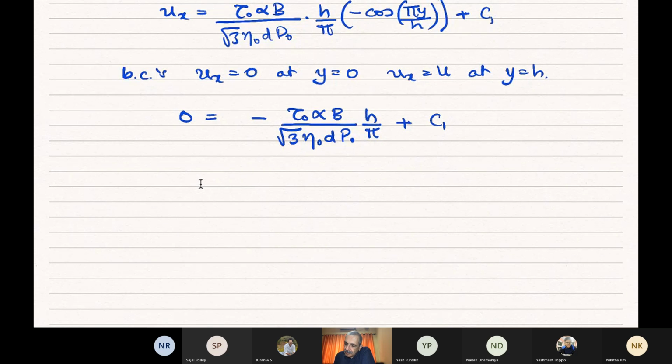Since cos of 0 is 1. And then again you have u is equal to, now when I put y is equal to h, then this cos of pi, which is minus 1, so this becomes plus, so it becomes tau 0 alpha b.